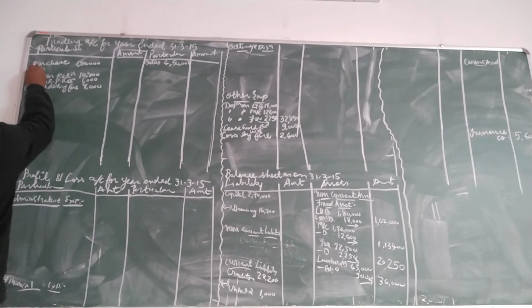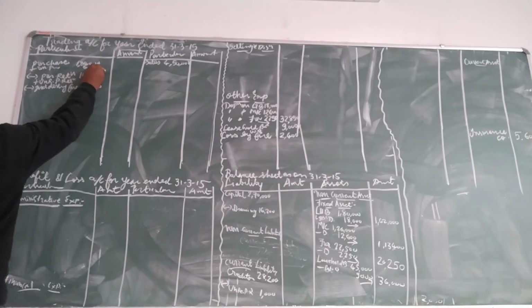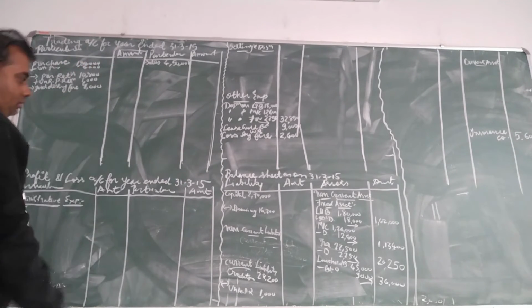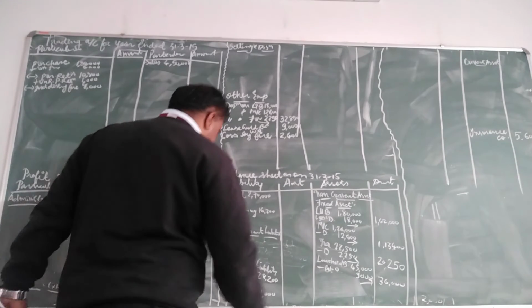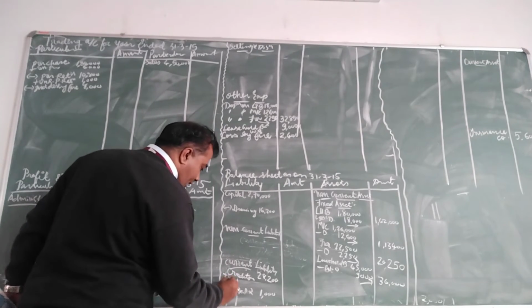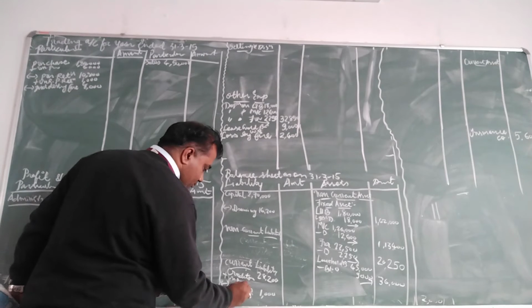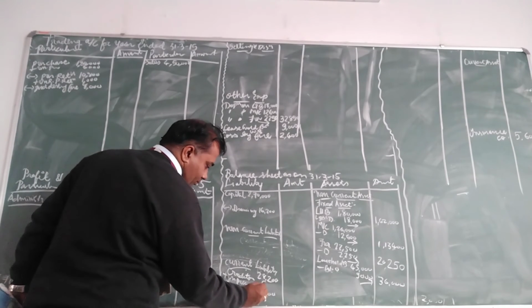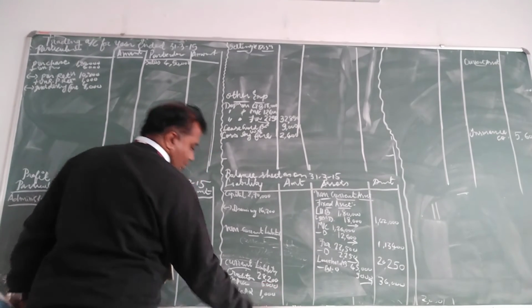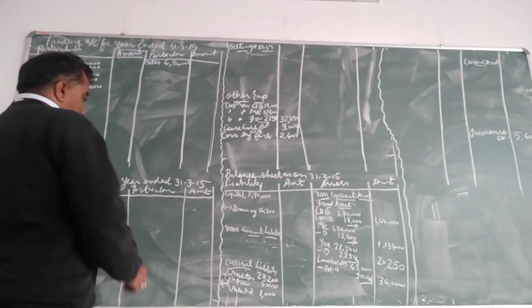So plus unrecorded purchase 6,000. It is the second entry, added to the creditors, unrecorded purchase 6,000.